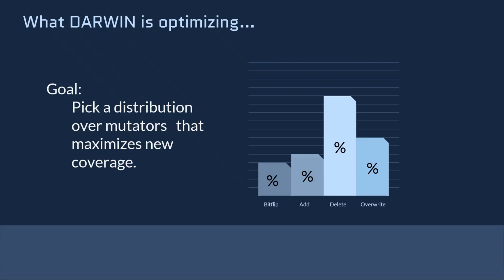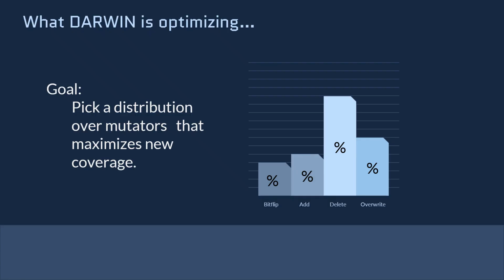Darwin wants to learn the probability distribution over all of these mutation operators that maximizes the rate of discovering new code coverage and new paths within the code. So it's going through, like we said, testing these mutators, receiving feedback from each one of them, and then altering to try and find this sweet spot, the golden distribution that maximizes the efficiency of the fuzzing process.